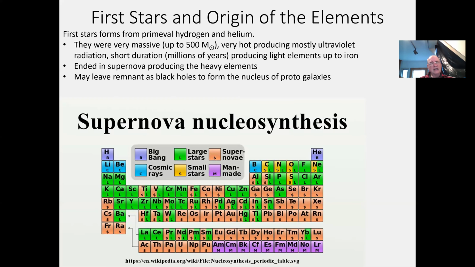Little piece of irony, I didn't mention the steady state model. This was a rival of the Big Bang model until the cosmic microwave background put a stake in its heart. But the great founder of the steady state model, an astrophysicist by the name of Fred Hoyle, is the one responsible for this analysis.